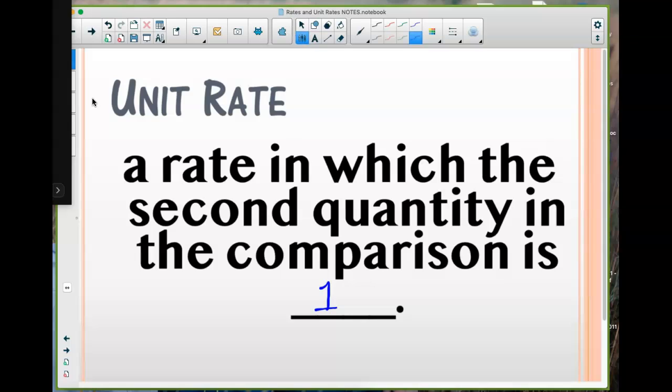Okay, so what that really means is we want the bottom number to be 1. So we're going to set up a rate, but then we're going to change it so that the bottom number ends up being 1. Okay, and I will show you how that's done.